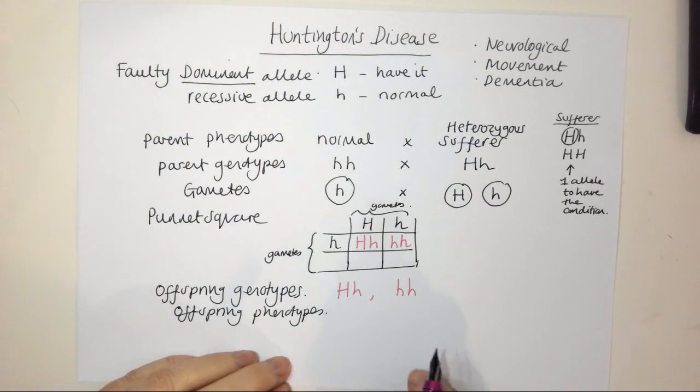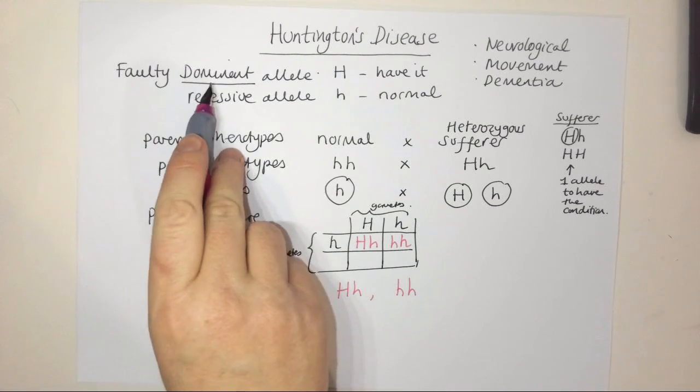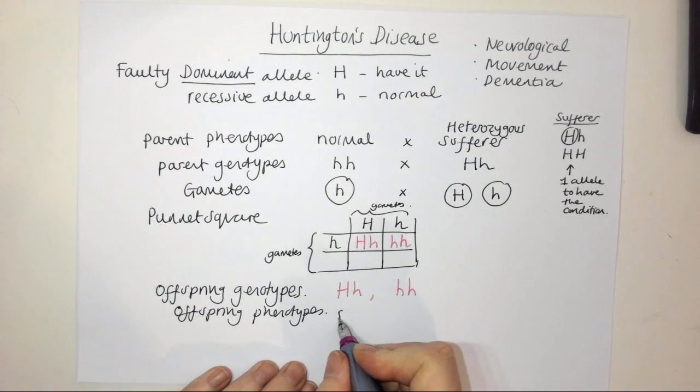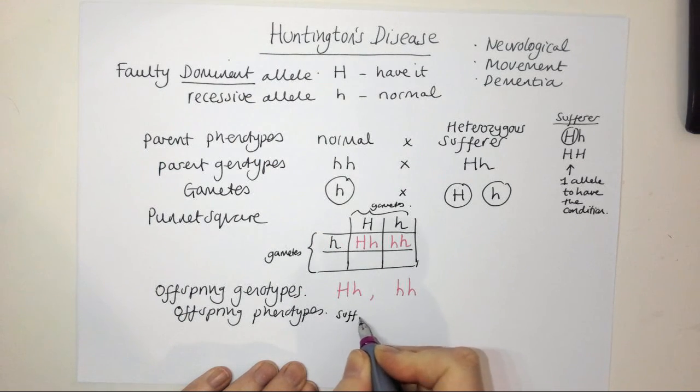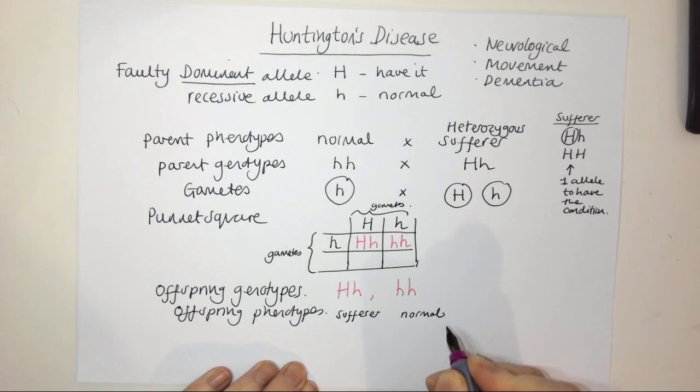Now remember, we cannot have a carrier. If you have even just one of the faulty alleles of Huntington's, because it is caused by a dominant allele, you have the condition. So here we have a sufferer. And this one does not have it, so we're going to just call it normal.